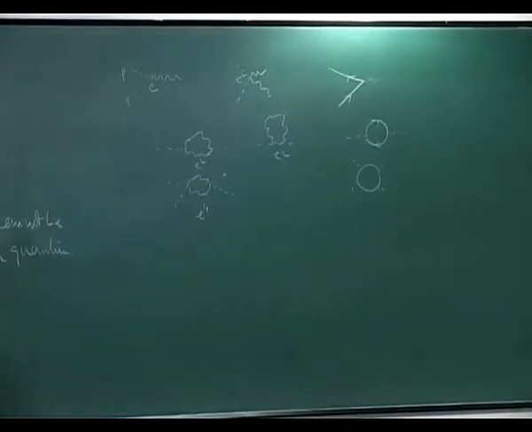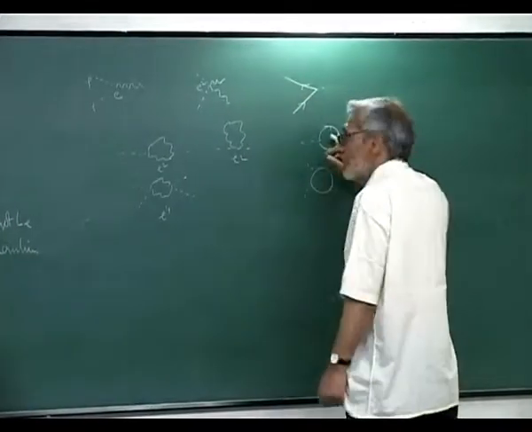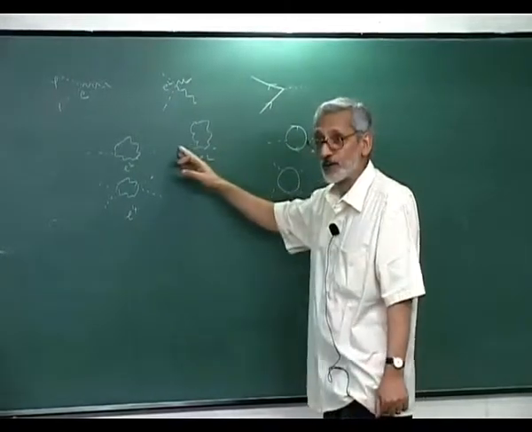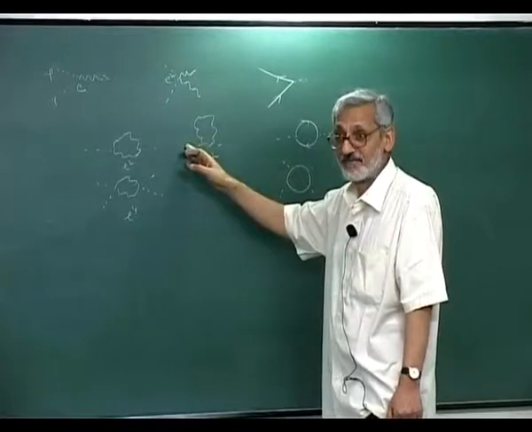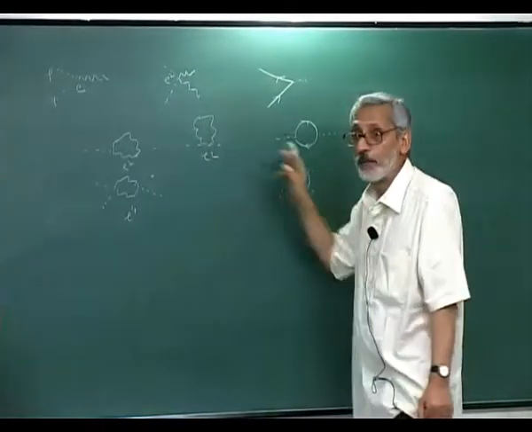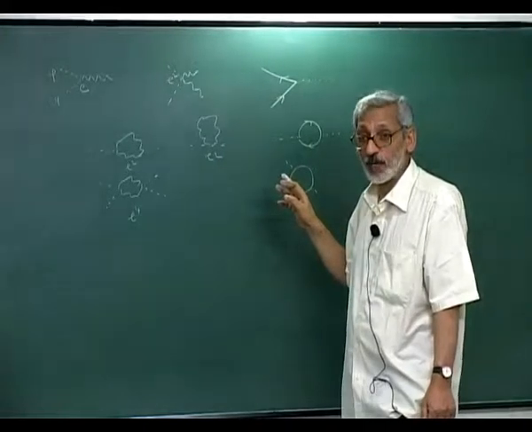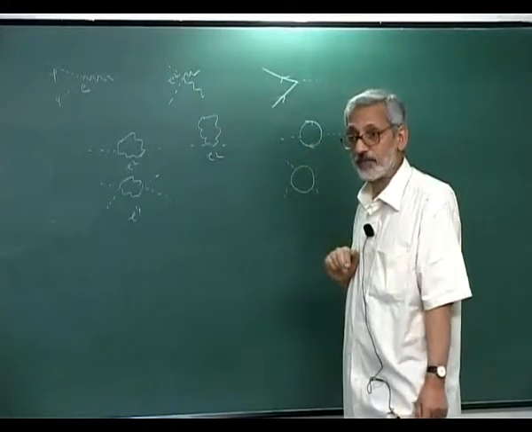But in some special circumstances, it's possible to imagine that fermion loops, you remember, have a negative sign as compared to boson loops. So these contributions will come with opposite signs, and I may be able to cancel them. In order to cancel them, what do I want? I want their numerical answers to be exactly the same.